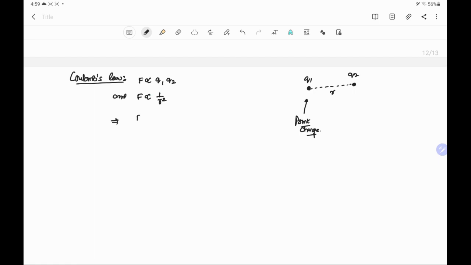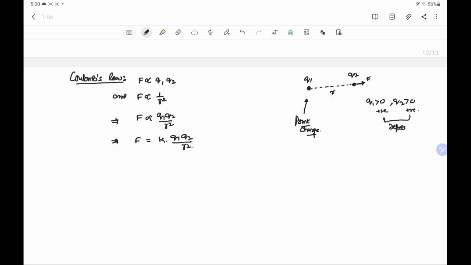On combining, we say F is proportional to Q1 Q2 by R square, and equating it, it becomes K into Q1 Q2 by R square. The force on Q2 due to Q1 will be outward if Q1 and Q2 are both positive, that is Q1 is greater than 0 and Q2 is greater than 0. Positive charges will repel. That means the force will act away from each other.